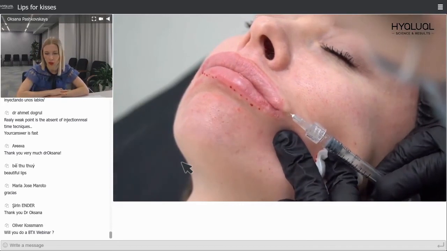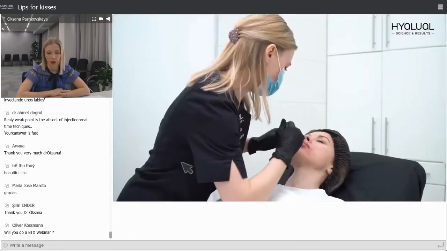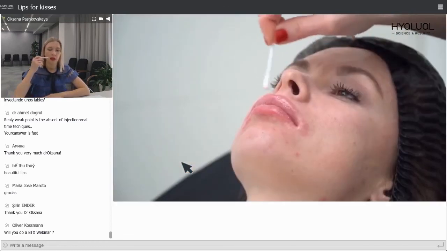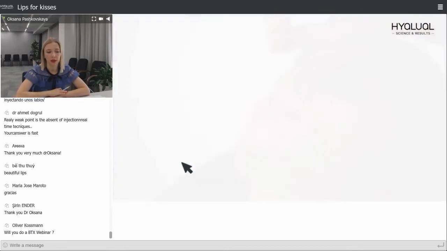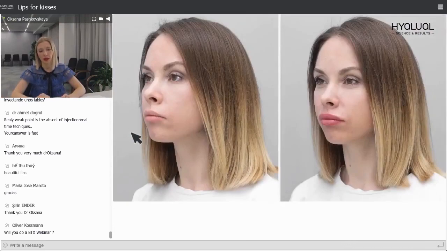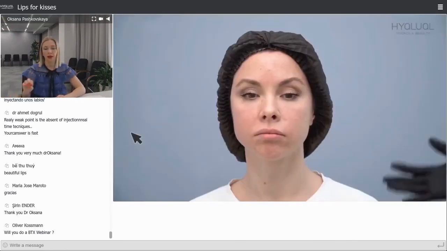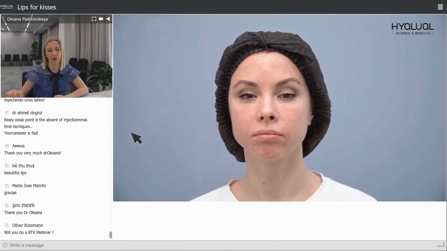You could see, through the commissure line, and then to the upper lip also through the commissure line, and when I come back, I put the filler. So this is the result. I think it's pretty nice, especially when we work with a young face. We just should highlight its beauty.